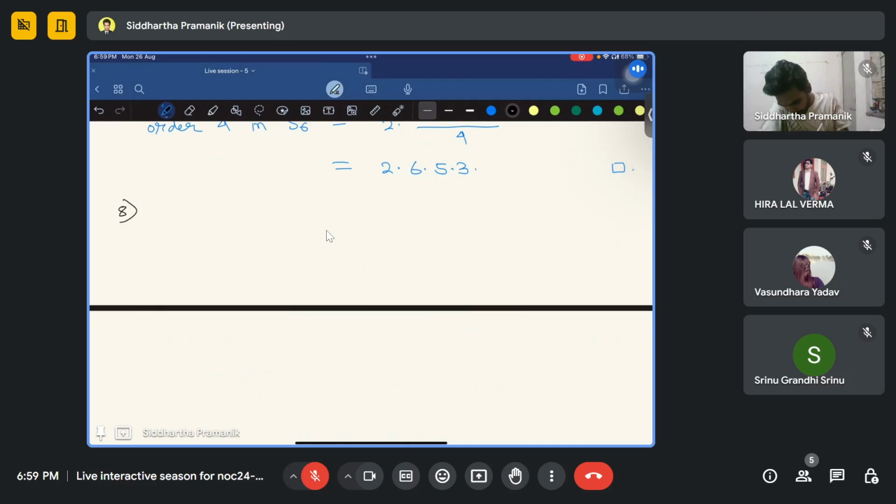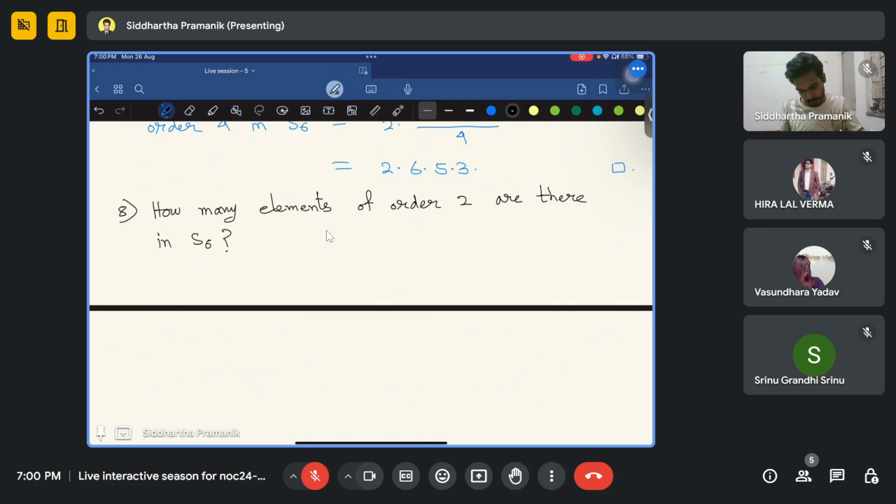How many elements of order 2 are there in S6? First try on your own and give me an answer, then I will give you the correct solution.